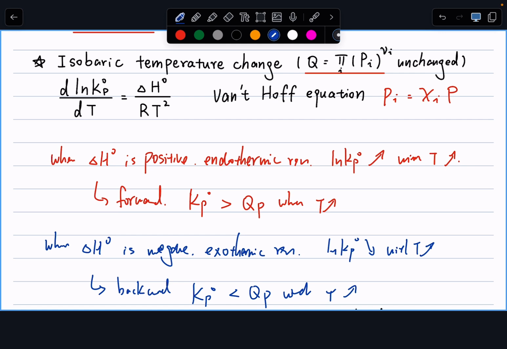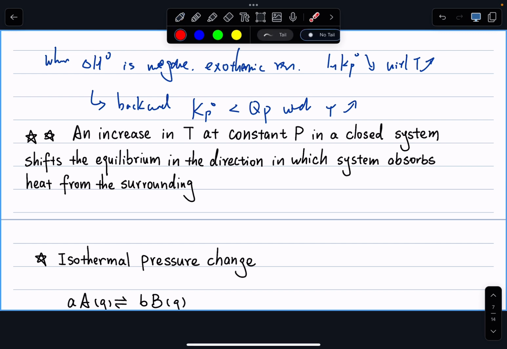Or if we put it in words, an increase in temperature at constant P in a closed system shifts the equilibrium in the direction in which the system absorbs heat from the surroundings.